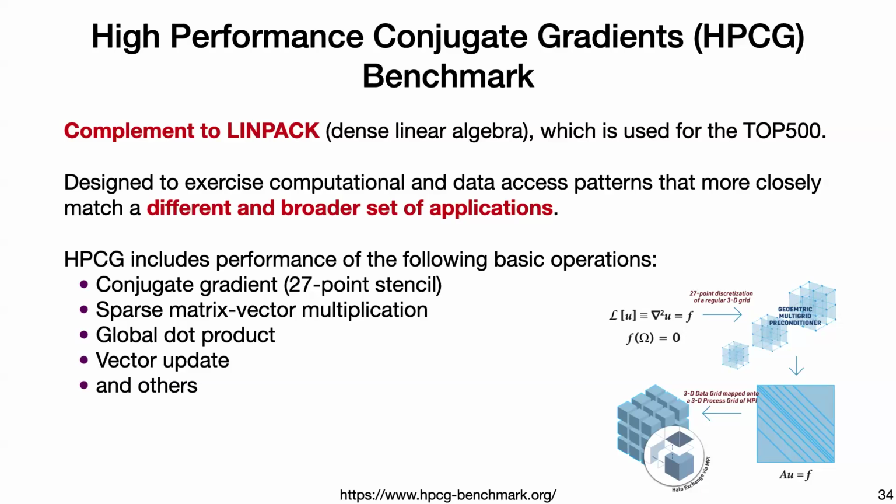If your intensity is low, then you're bottlenecked by memory fetch. If your intensity is high, then you're bottlenecked by how fast the compute units can work, which is faster than memory. So the point is that these are lower intensity than the dense linear algebra, which is high intensity. It's just meant to exercise a different set of problems.